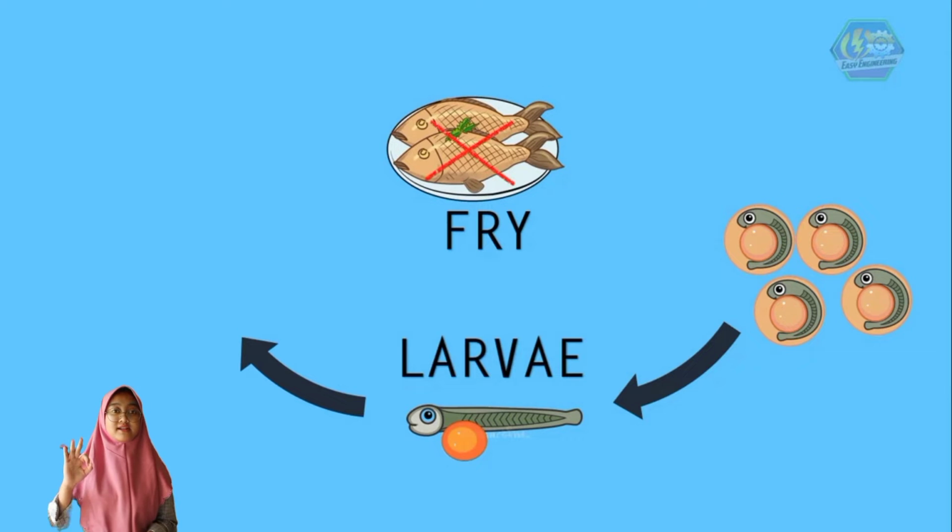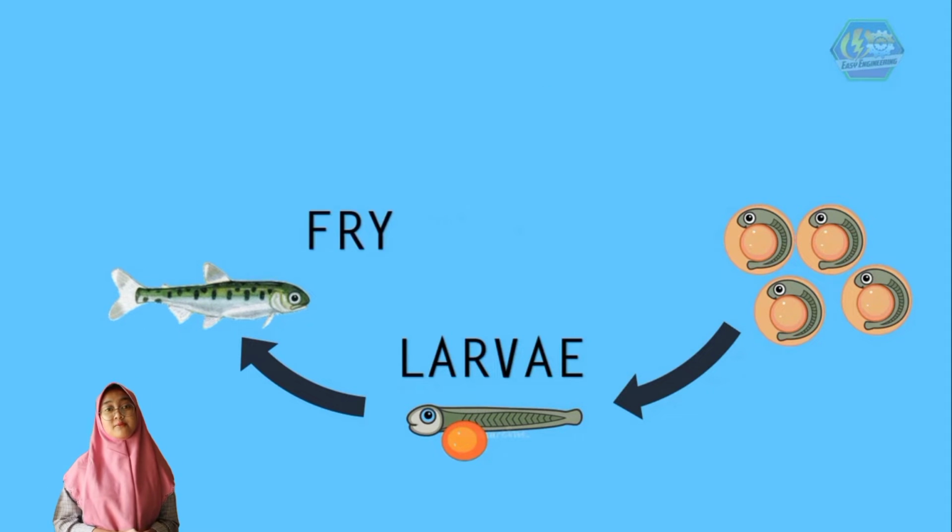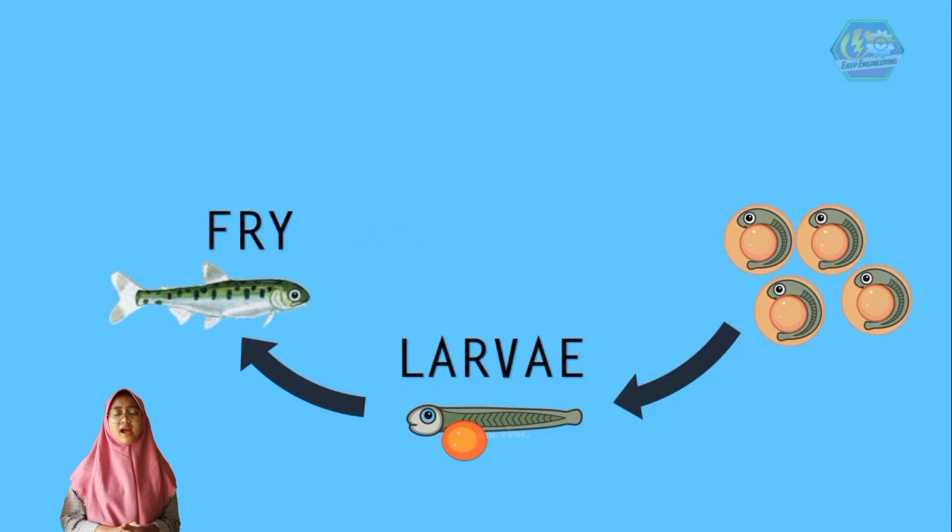Third is fry stage, when the young fish have completely absorbed the yolk sac and start looking for their own food, or zooplankton. Another name of fry stage is the last stage of fish larva.